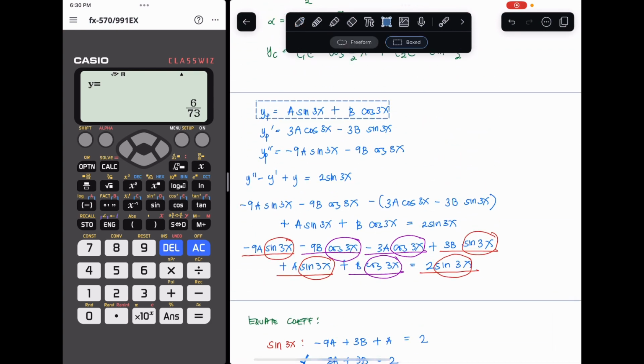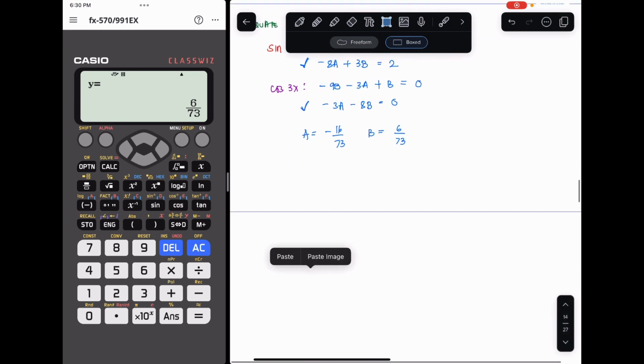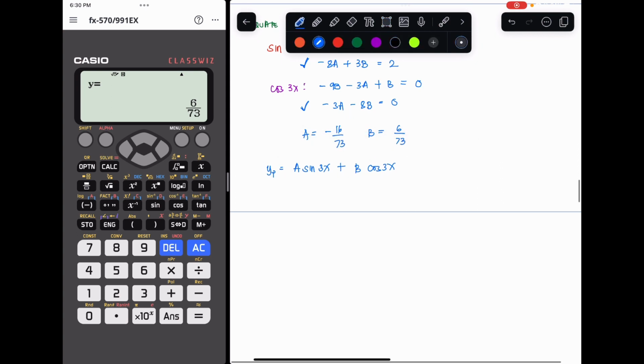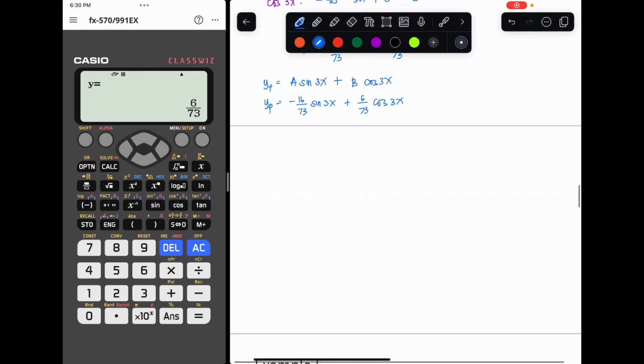This is our yp, so I'm just going to copy it. Therefore, our yp will be negative 16 over 73 sine 3x, plus 6 over 73 cosine 3x. Again, our general solution is yc plus yp.